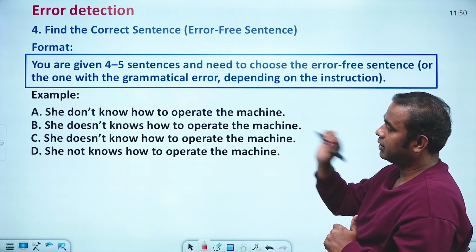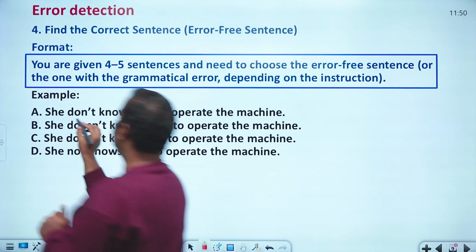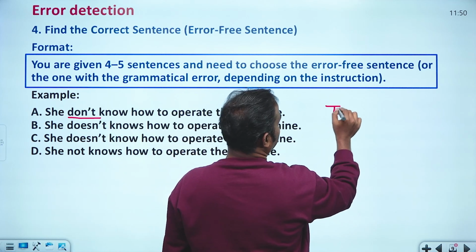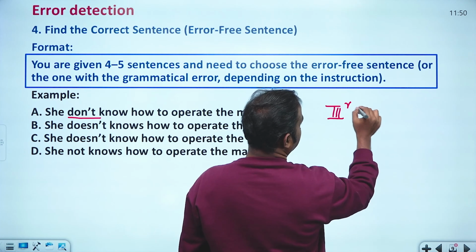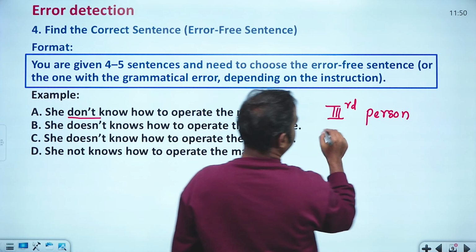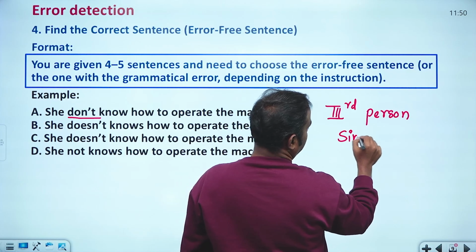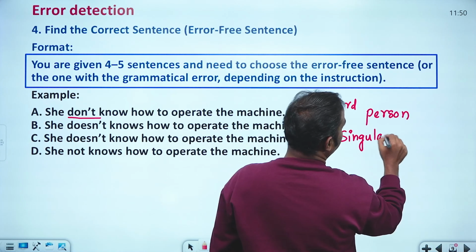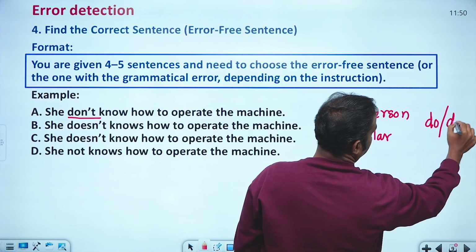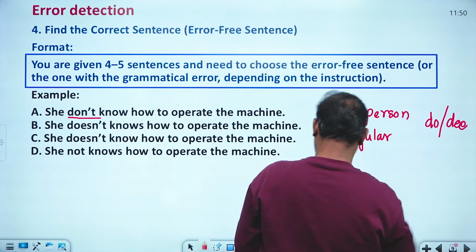Here, "she don't know." She is basically third person singular. So naturally, what would happen? For it, "does" is the right answer here.